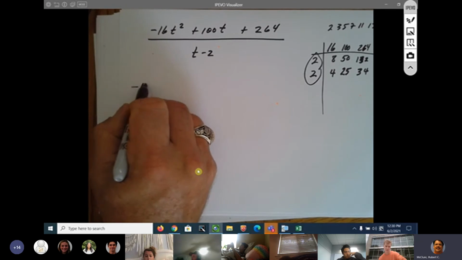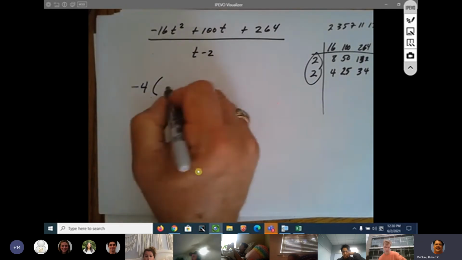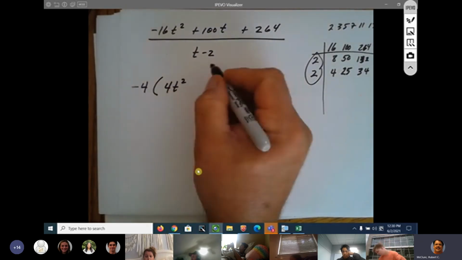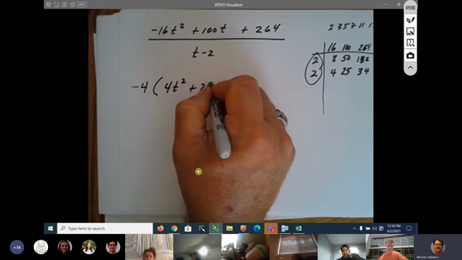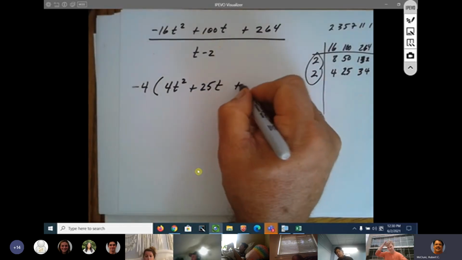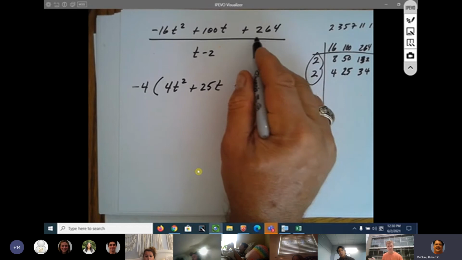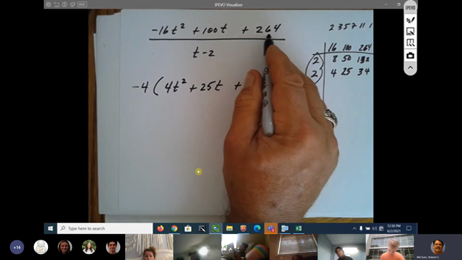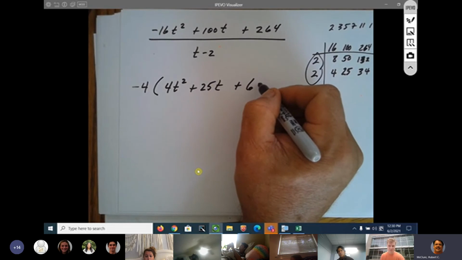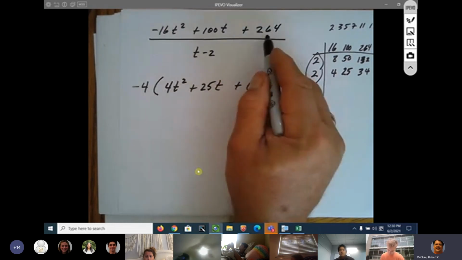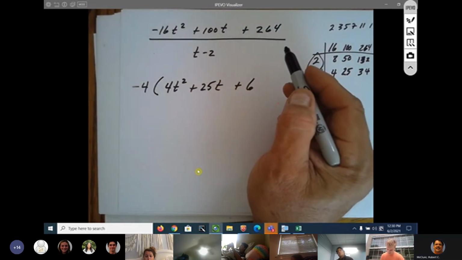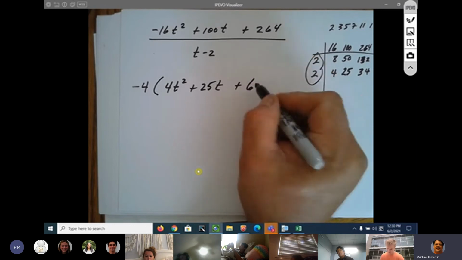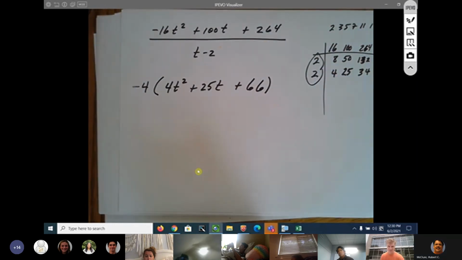And that'll give us negative 4 times 4t squared plus 25t plus, I have no idea, 4, we're going there 6 times, and 4 times, somebody help me out. Let's see. 66. Thank you. And we're going to have to factor this one because there's nothing we can do.